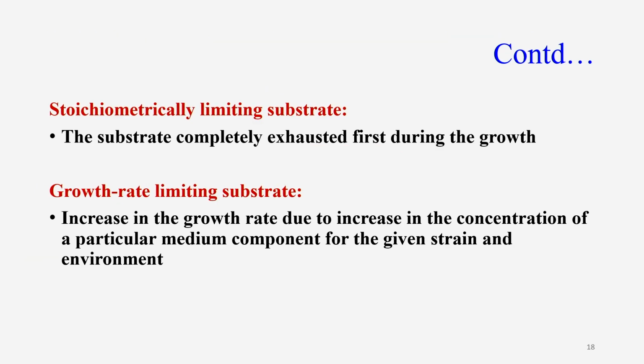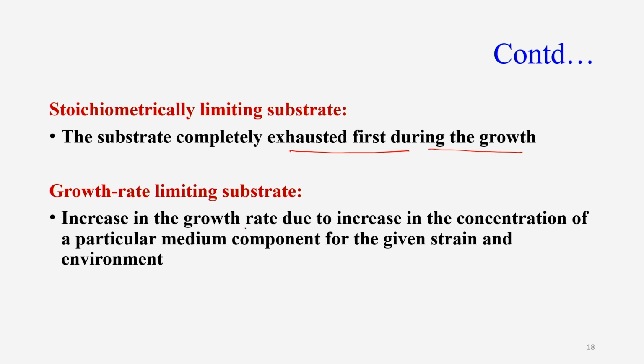So, what is the stoichiometric limiting? The substrate completely exhausted first during the growth, that is called stoichiometrically limiting substrate. It means in the particular stoichiometric equation, this substrate will be completely exhausted. What is the growth limiting substrate?